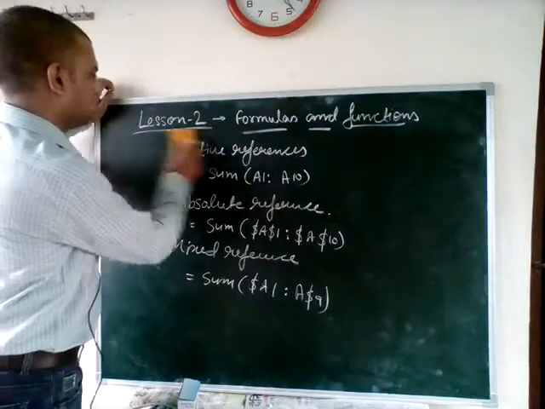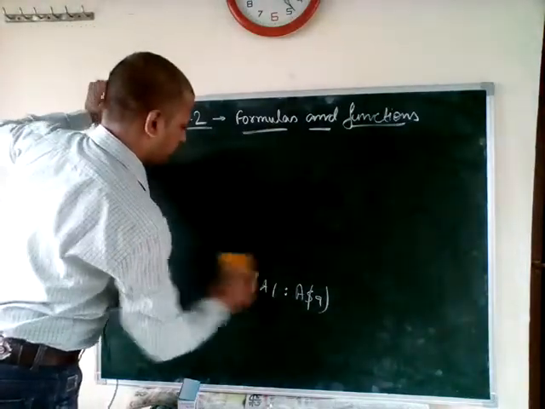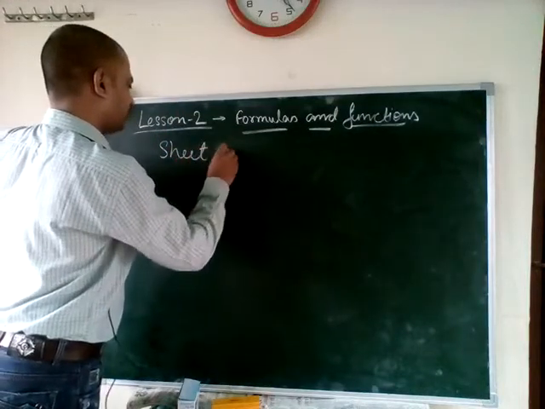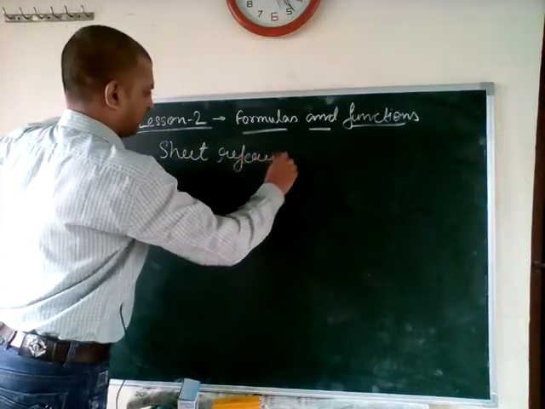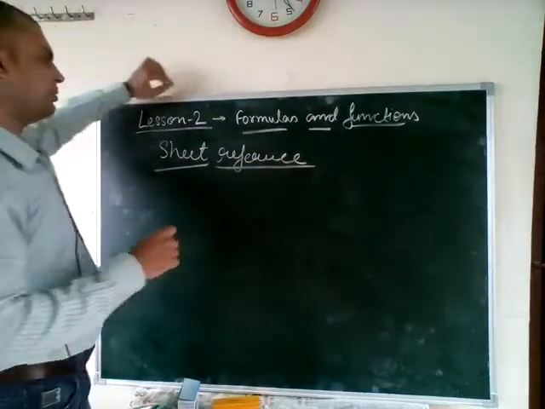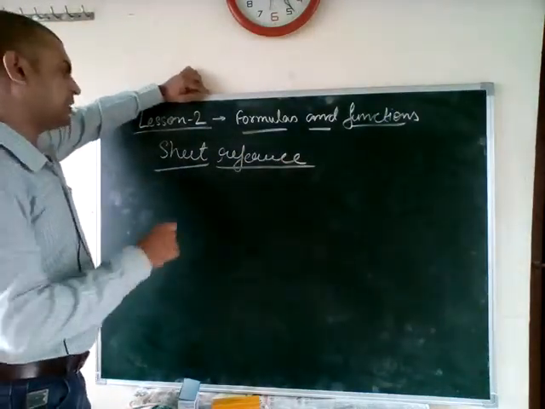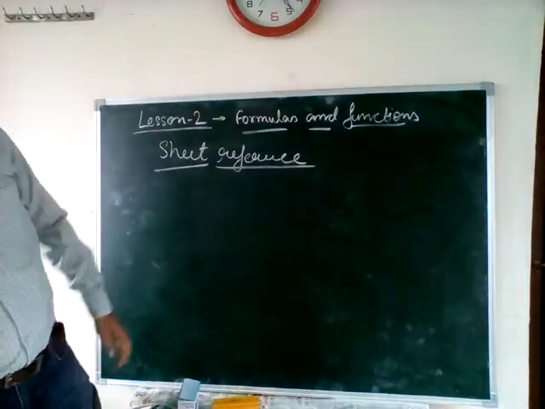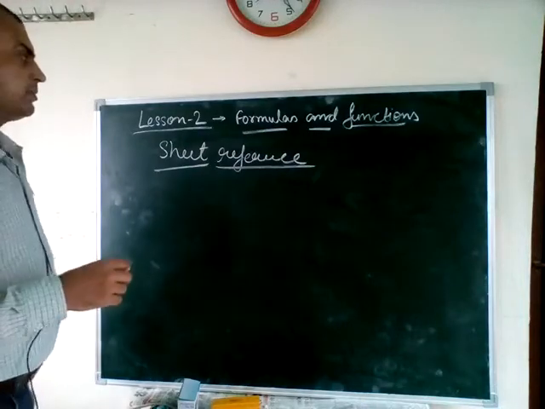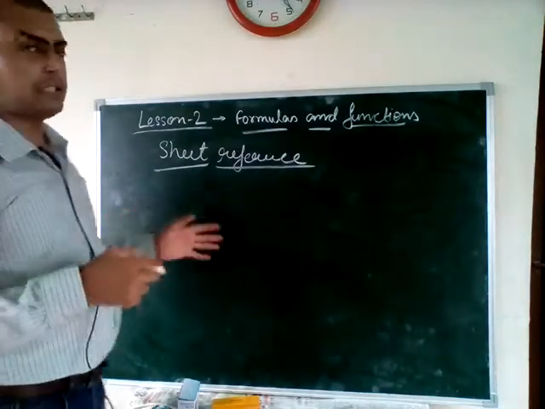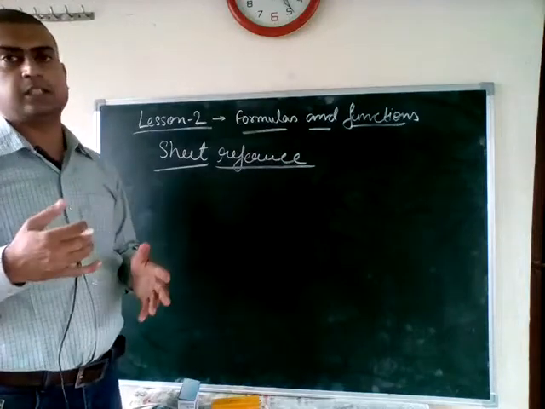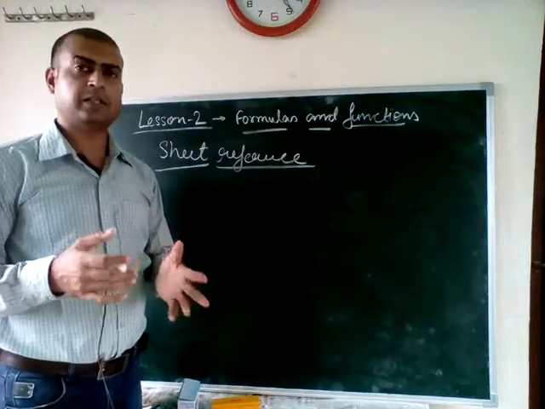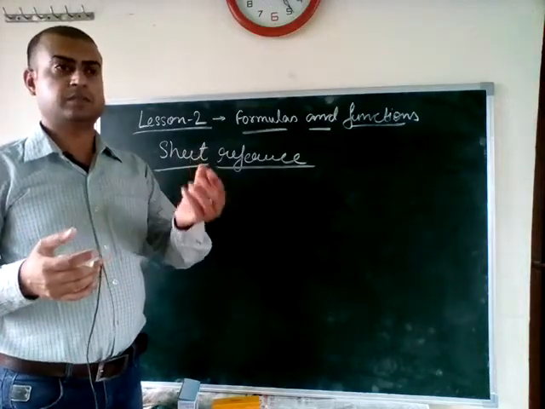The next point is sheet reference. What do you mean by sheet reference? Sheet reference means if we have written a value in some other sheet, and we want to use that value in the next sheet, then we can call the sheet. For calling the sheet, we write the sheet name first, then an exclamation mark, then the cell.